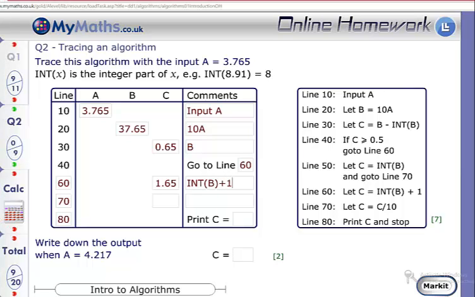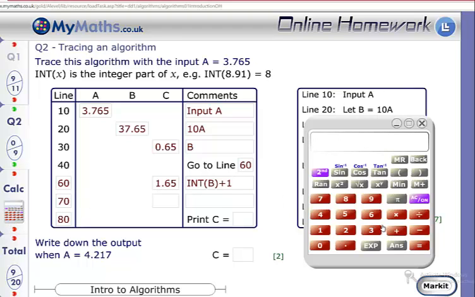Okay, so 70 is, let's see, equals c divided by 10. So c divided by 10, 1.65 divided by 10, right? That's 0.165.